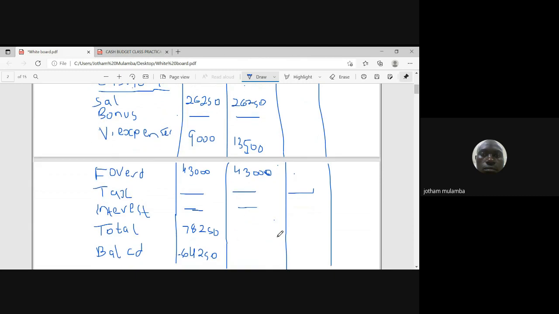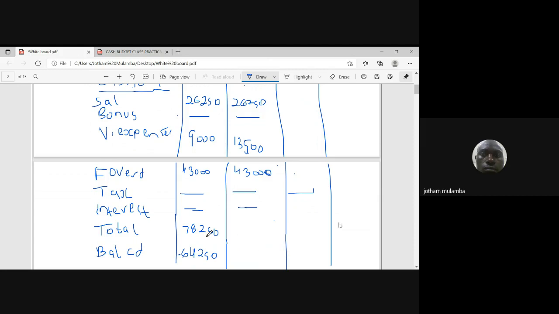So get the total cash outflow. That's 26,250 plus 13,500 plus 43,000. That is 82,750.